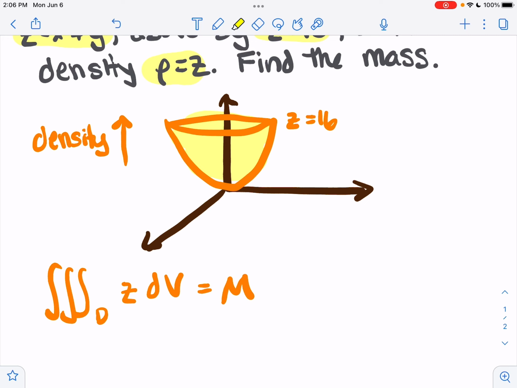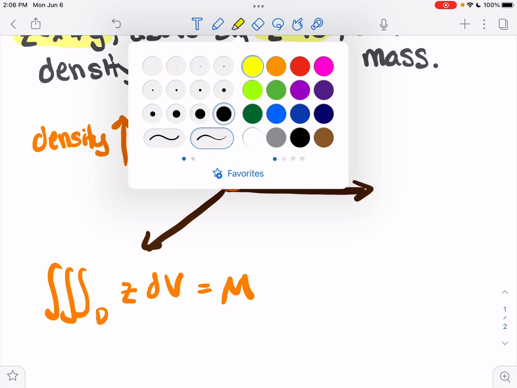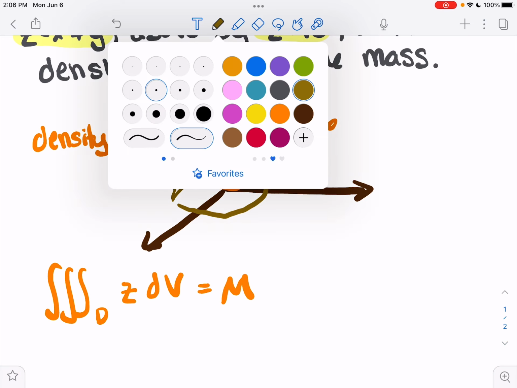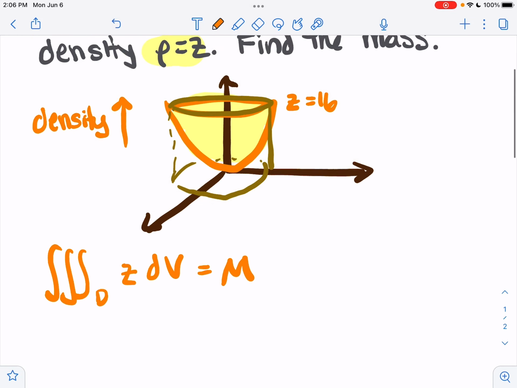Rectangular, this would probably be pretty tricky because of the circular nature of things. If we look at the shadow of this bowl down on the xy plane, that's going to be a circle down there in the xy plane. So the double integral, after we integrate in z, is going to involve a circle.